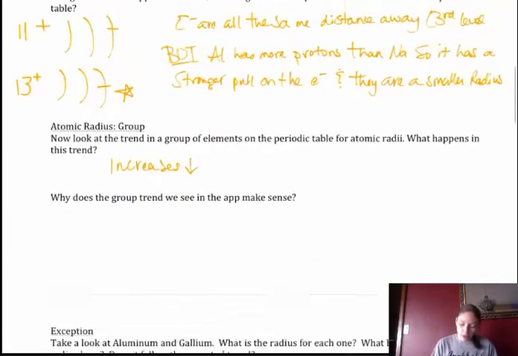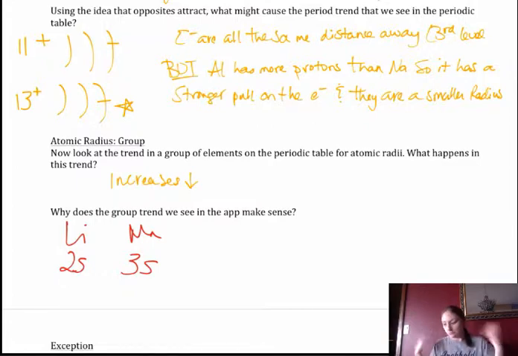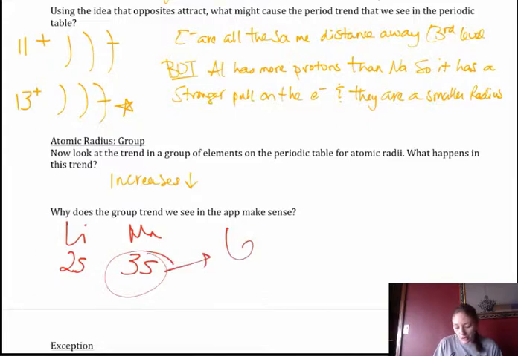So if lithium ends with a 2s as its biggest level and sodium ends with a 3s, what's larger? The second energy level or the third energy level? The third energy level. So this one's a lot easier to talk about because you're dealing with a larger last energy level.